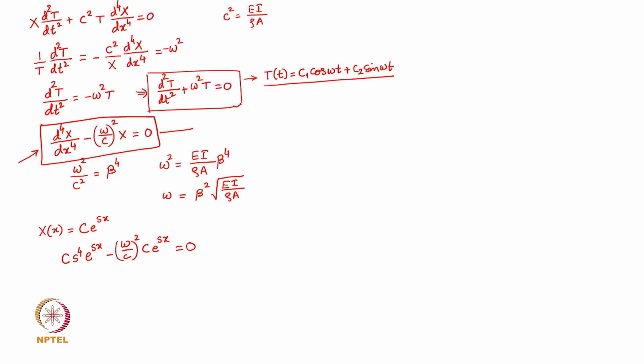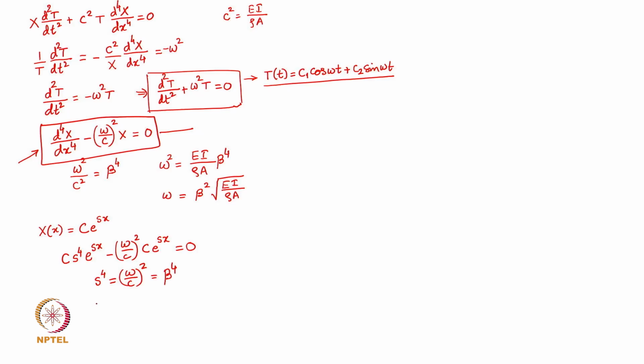Now, which actually means that s to the power 4 is equal to omega over c whole square. Now, omega over c whole square has been already assumed as beta raised to power 4. So this is actually beta to the power 4.